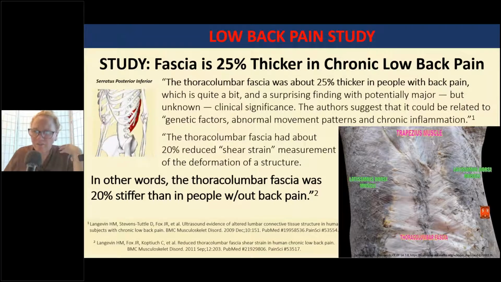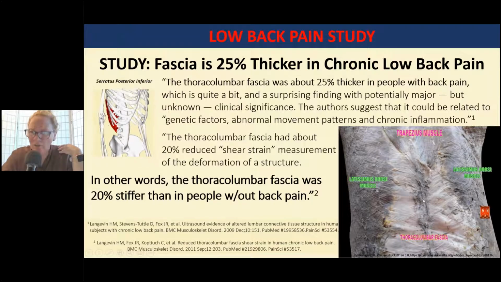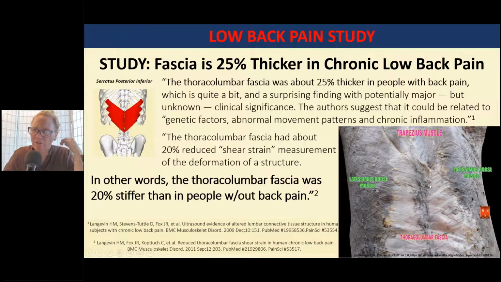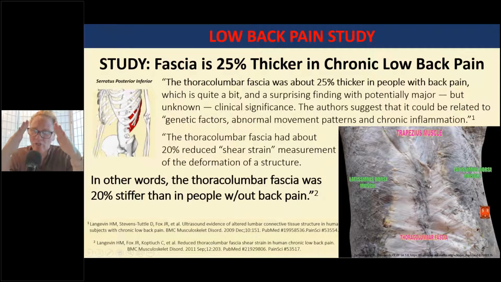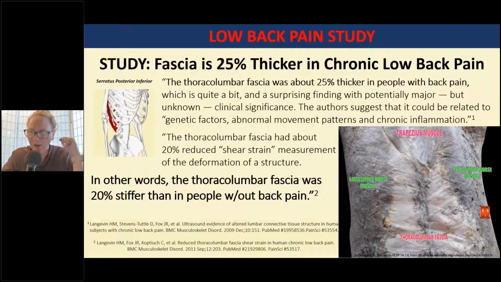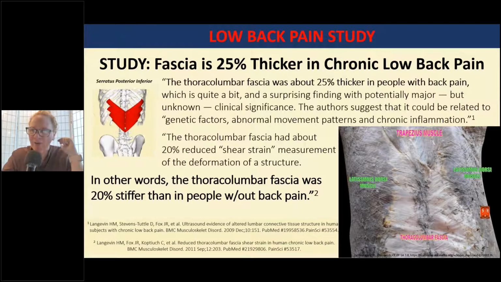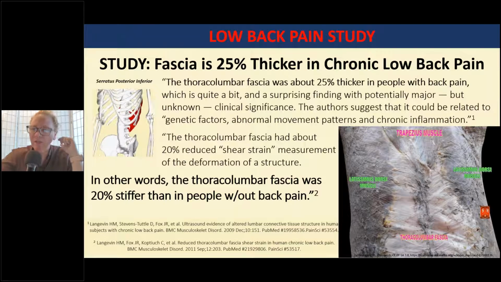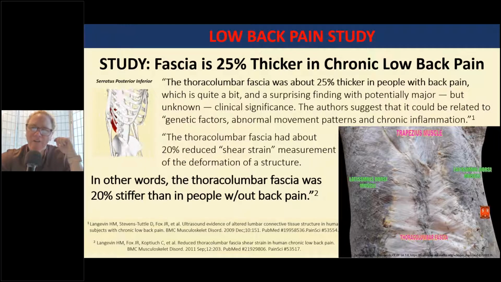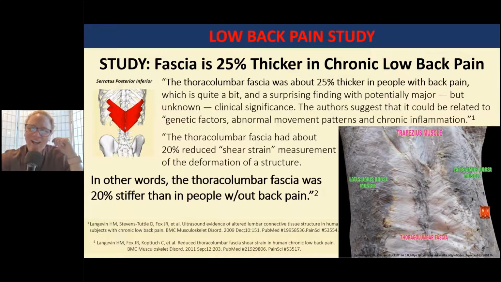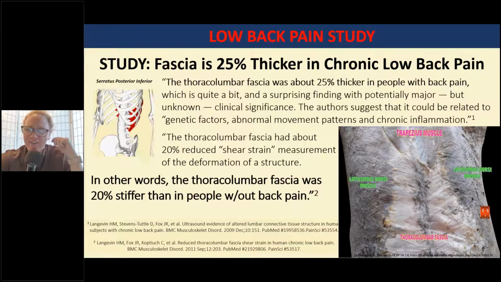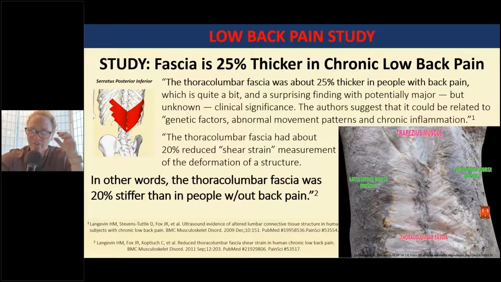So think about that for just 1 minute and look at the thoracolumbar fascia over here in this cadaver picture on the right-hand side. Your thoracolumbar fascia, it almost looks like that Christmas tree over the lumbar spine. Now imagine this thoracolumbar fascia being about 25% thicker than fascia that is thinner and less dense and more flexible.